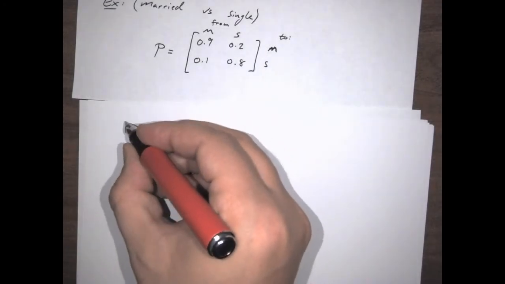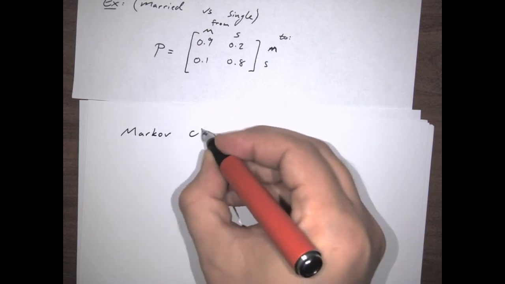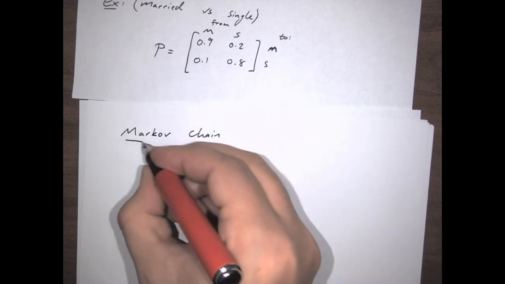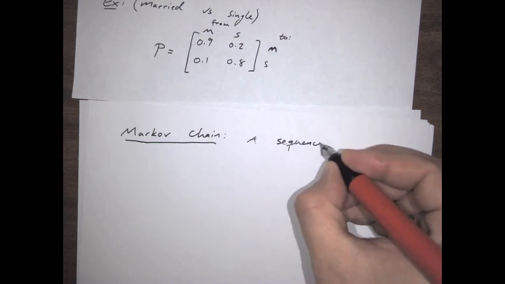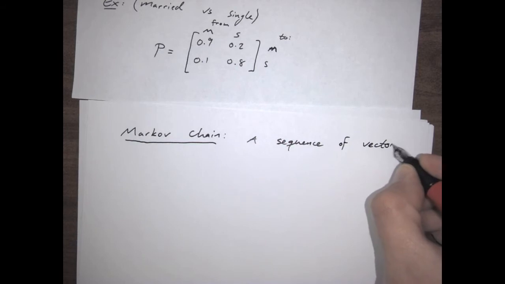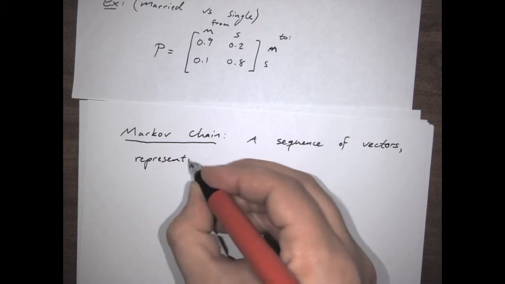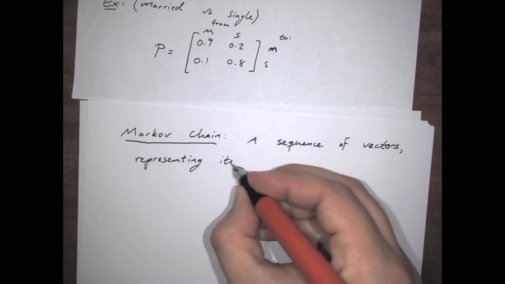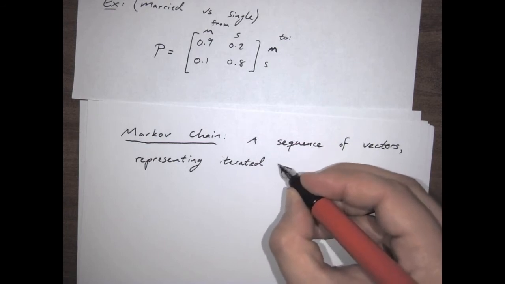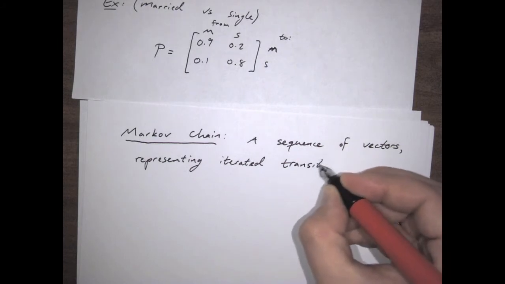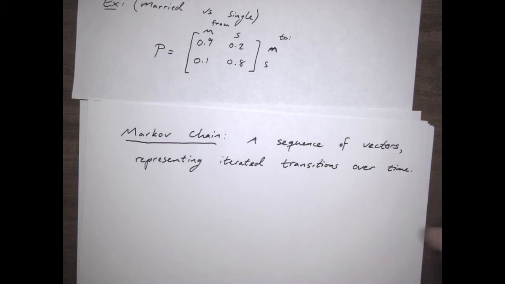So a Markov chain is a sequence of vectors representing iterated transitions over time.